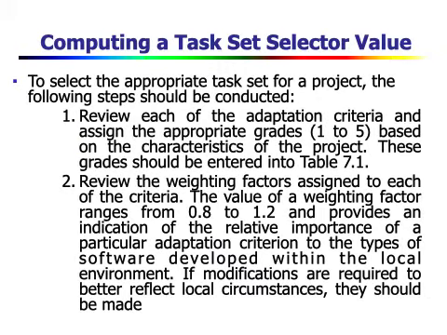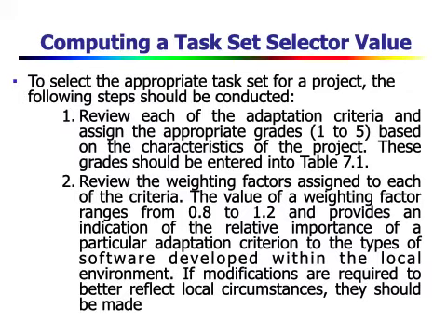Now, computing a task set selector value. Okay. To select the appropriate task set for a project, the following steps should be conducted. First step is review each of the adaptation criteria and assign the appropriate grades 1 to 5 based on the characteristics of the project.